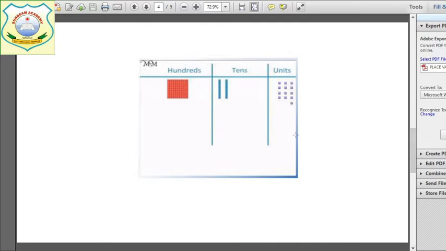Ones are also known as units. Ones place is also known as units place. So, first place is of ones, then come tens and then come hundreds. Units, tens, hundreds.